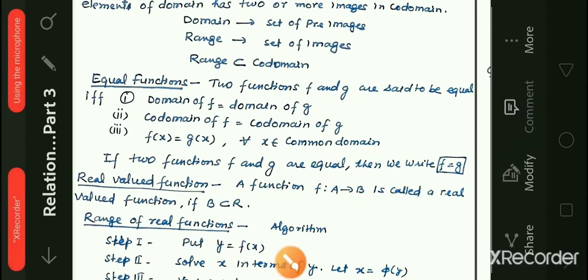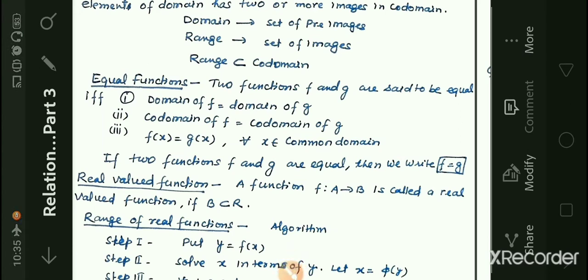If two functions f and g are equal, then we write f = g.